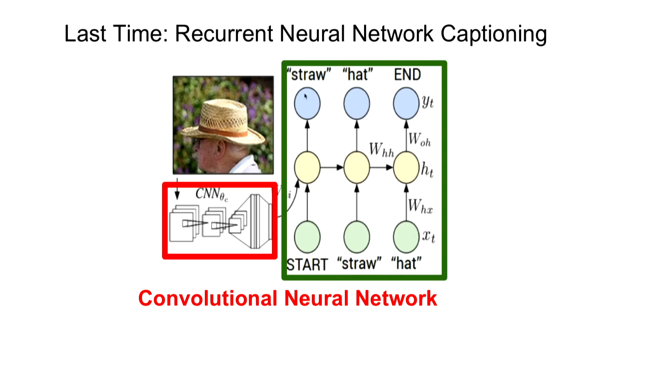Then we take that word and feed it back in as the X input to the network. We use the hidden state from the previous step as the hidden state input, and it will generate another token. Because the network's been trained at training time to look at images in this fashion and then output meaningful captions, when we run it at test time, it'll also tend to give pretty good captions.